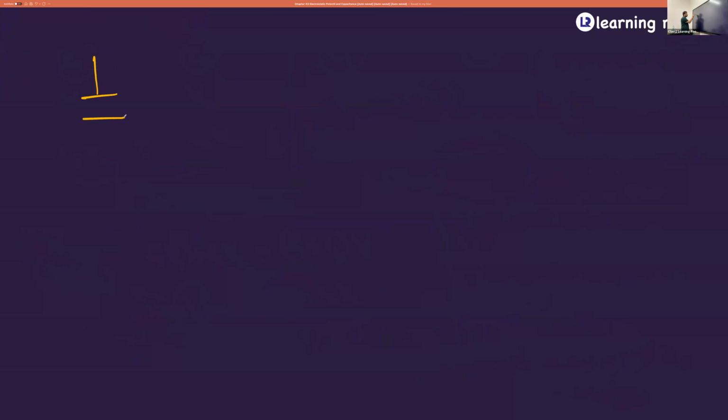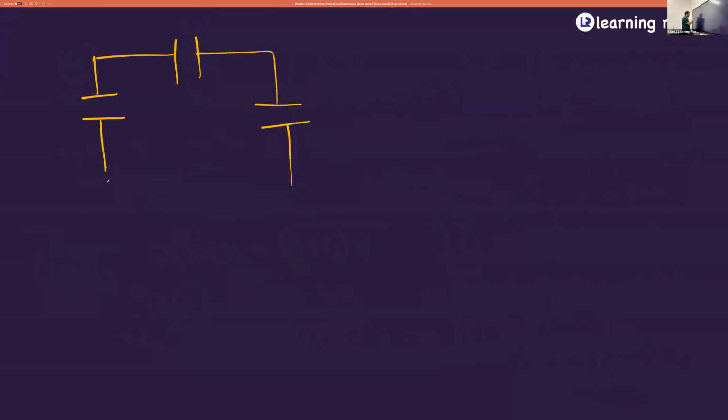See, if at all you have a doubt of how to find whether something is in series or parallel, it's very simple. The logic, you can apply this to resistors also. You look at this is positive, this is negative.